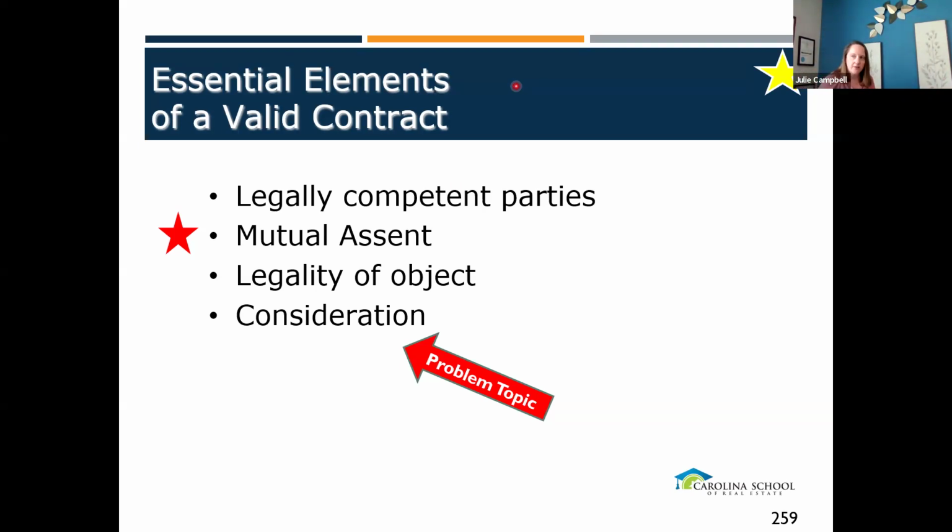And then there's that consideration. And again, consideration is a problem topic. Consideration can be money. Consideration is just something of value, and it doesn't have to be valuable to you. And I think that's where we get stuck somewhere. You could say, for a free weekend at the beach.